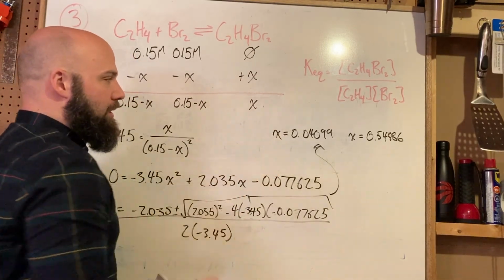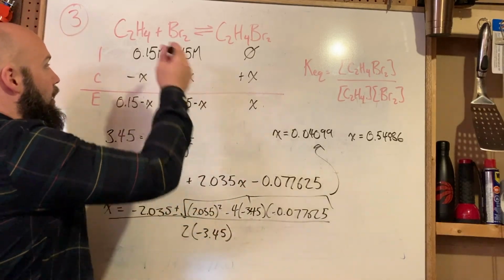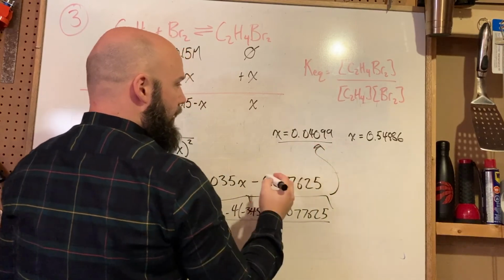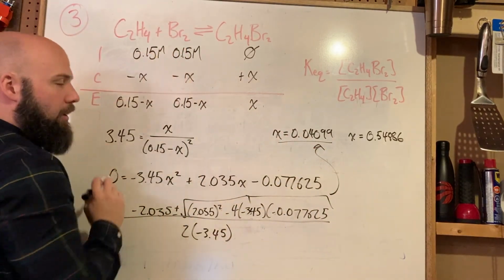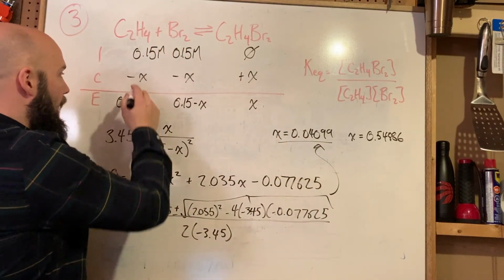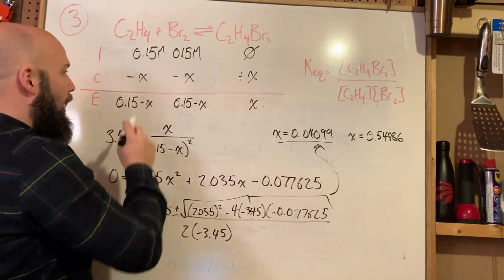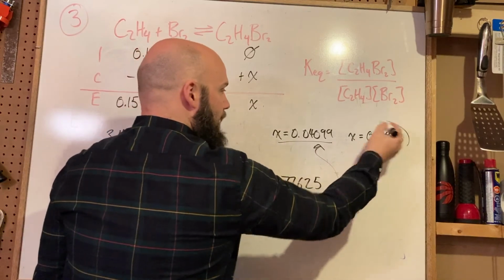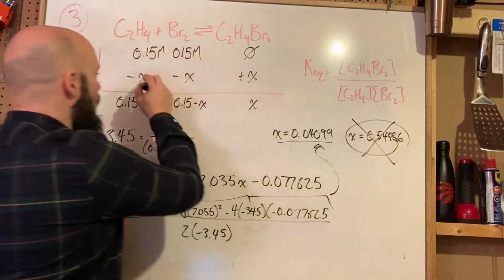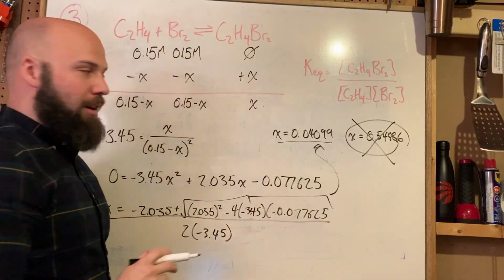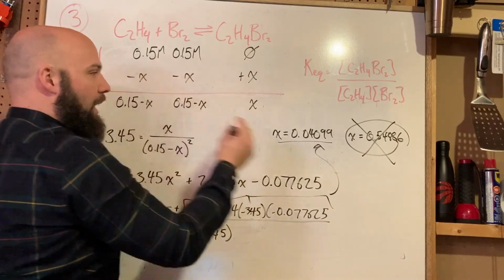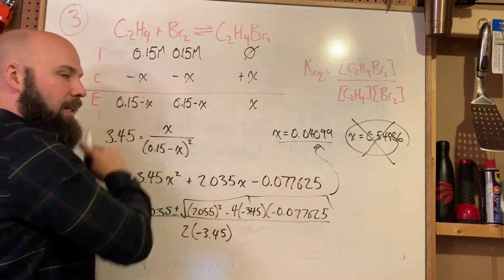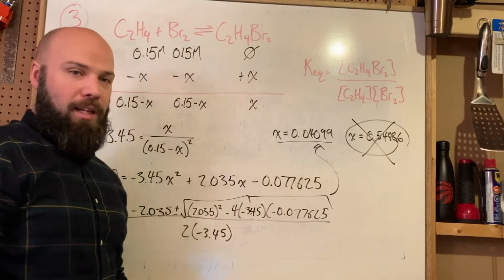When you have two positive values, you have to look at your initial concentration. Because this value is smaller than the 0.15, it can be subtracted from that value to get a positive concentration. You can't take away more than what you started with. So you can't have 0.15 minus 0.54886 and get a negative concentration at equilibrium.